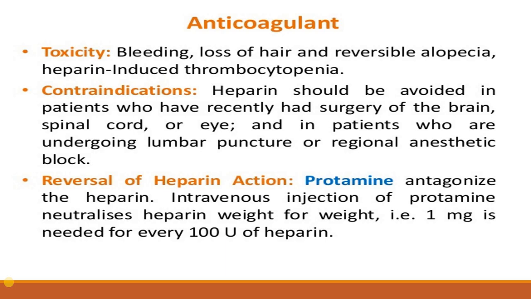Heparin should be avoided in patients who have recently had surgery of the brain, spinal cord or eye, because it is a blood thinner, and in other patients who have undergone lumbar puncture and regional anesthesia block.